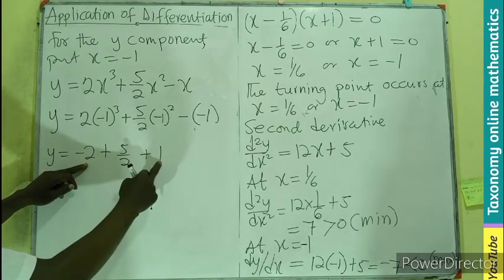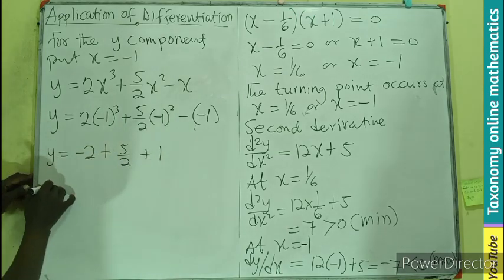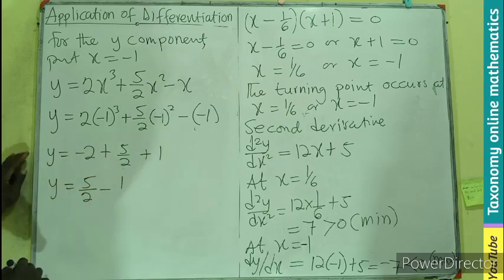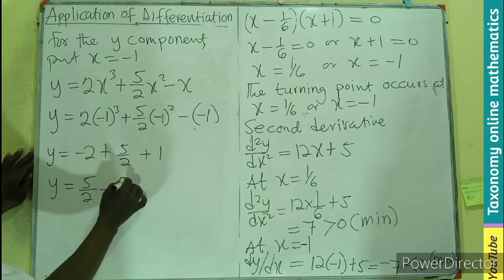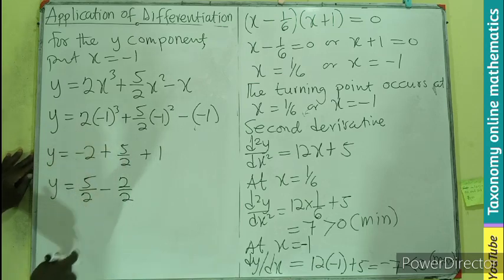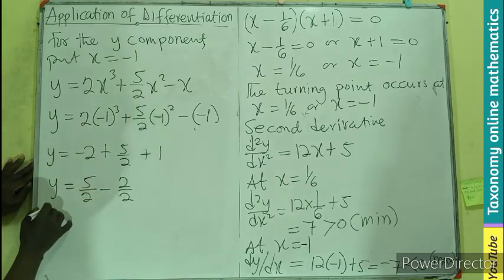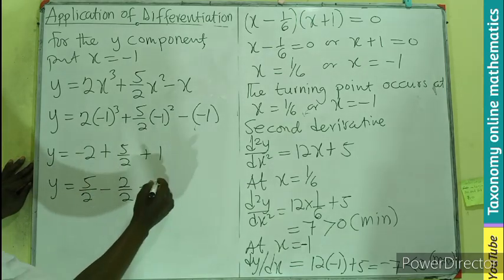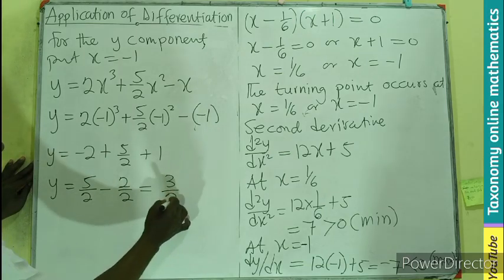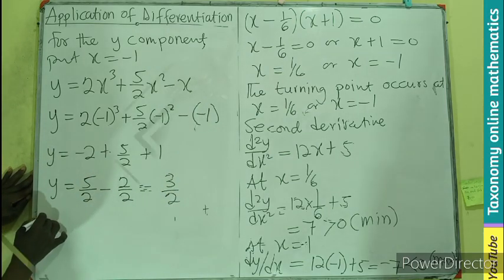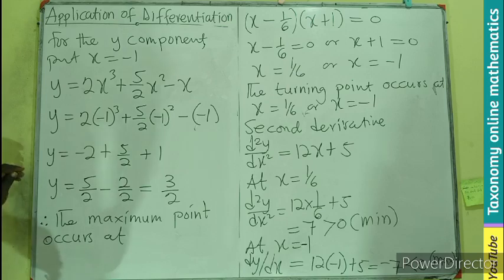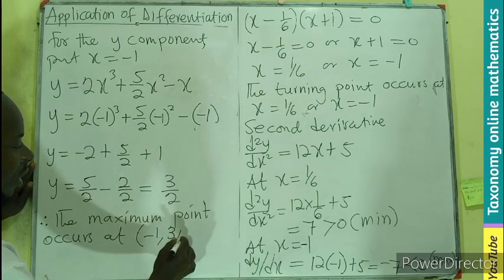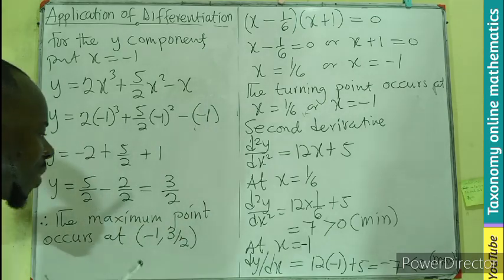If you compare the last and the first, we have -1. So y equals 5 on 2 minus 1, which I can rewrite as 2 divided by 2 in order to get the same denominator. So y will become 5 minus 2, which is 3, divided by 2. Therefore, the maximum point occurs where the x value is -1 and the y value is 3 on 2. So this is the maximum point.